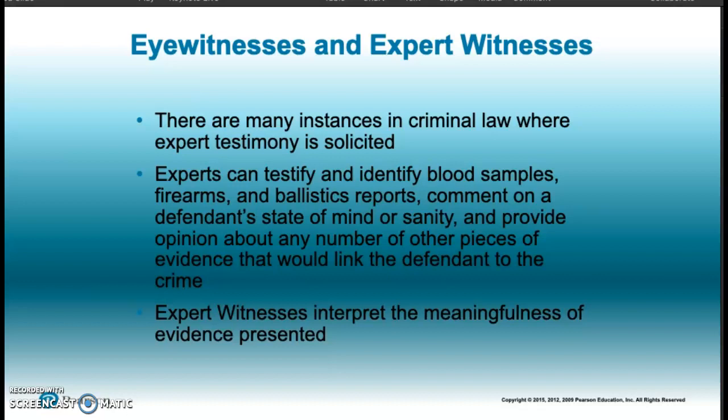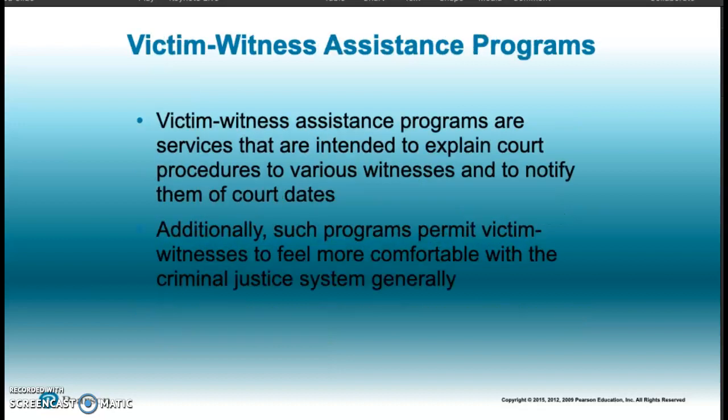And we have different types of witnesses, obviously. So we have expert witnesses. They're going to bring something to the table, maybe ballistics or forensics, something like that. And then you're going to have your eyewitnesses or your character witnesses that are lay people that come and testify on behalf of the individual or against the individual.